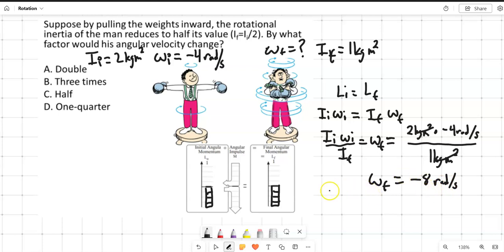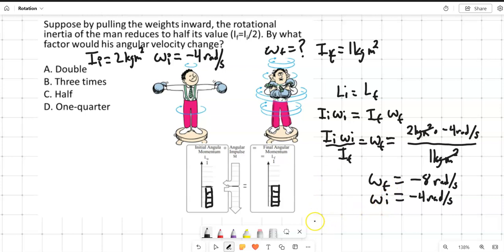What this is saying is this. Conceptually, comparing this number to our original number of negative 4 radians per second is basically saying our speed has doubled in the end.